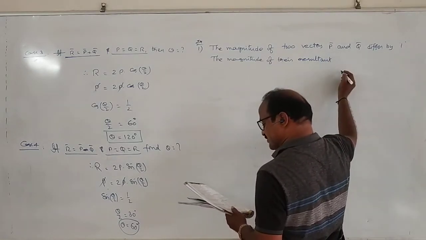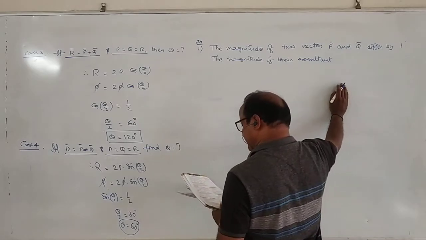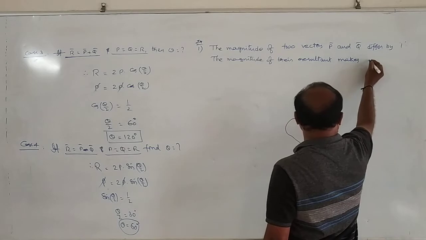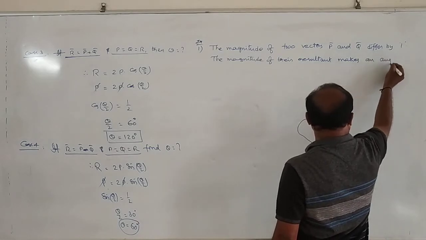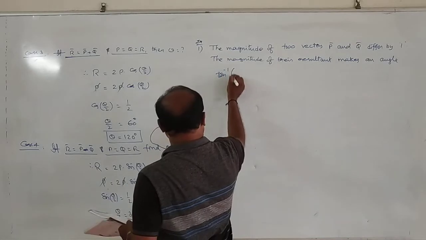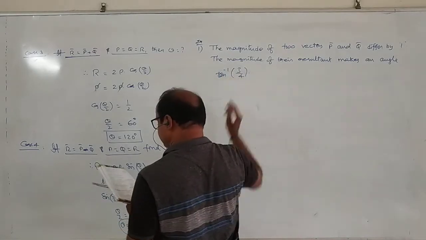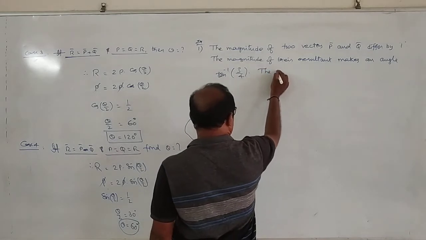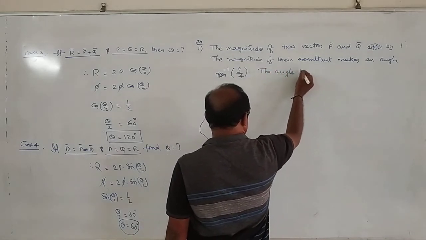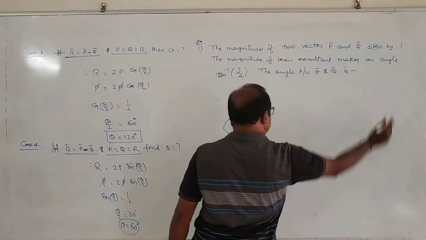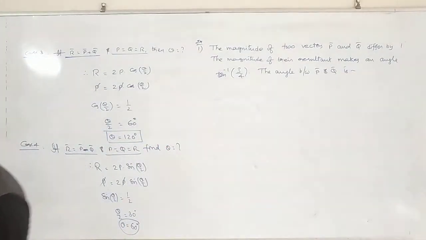The resultant makes an angle tan inverse of 3 by 4. What is the angle between P bar and Q bar? This is the question.